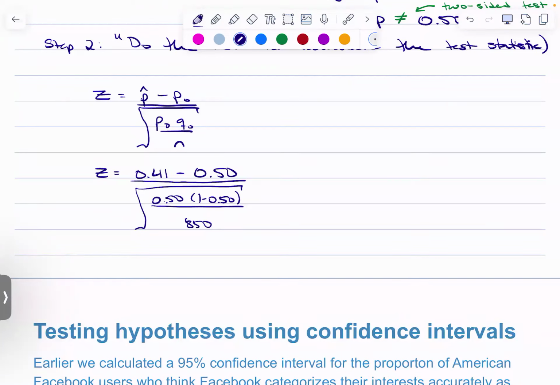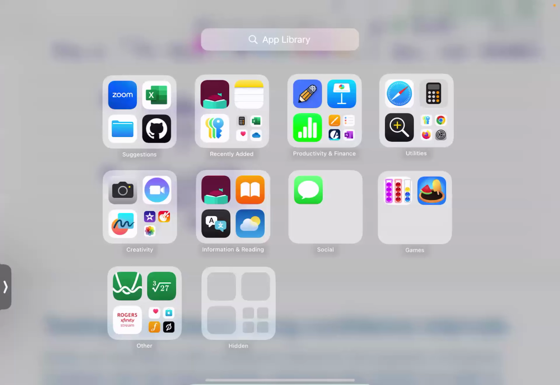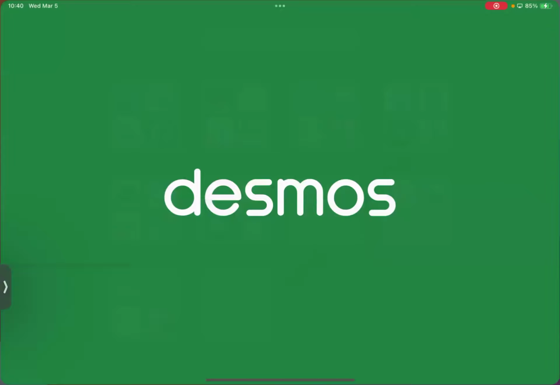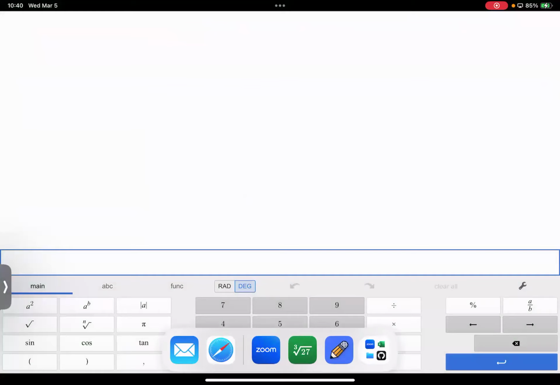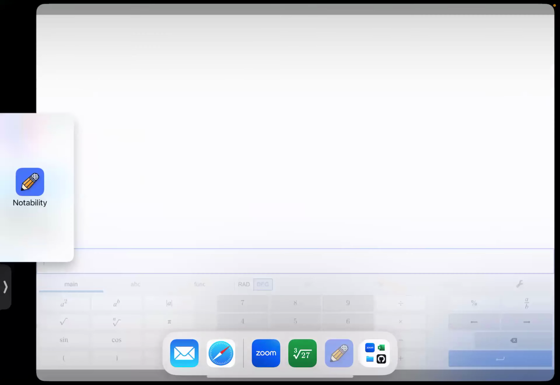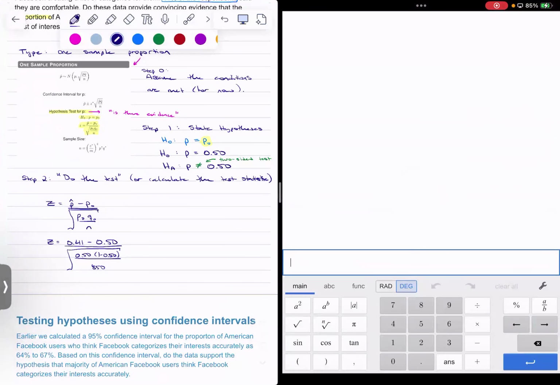Let's see if I can get in the habit of using my Desmos calculator here. So I want to do 0.41 minus, I like to do 0.50.